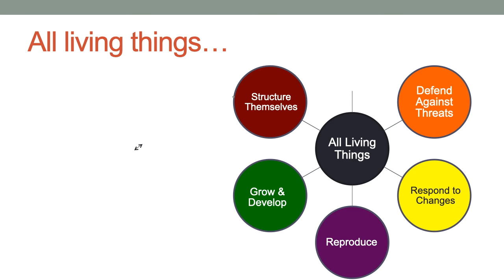Living things also defend against threats. For example, every type of cell can be infected with a virus, even bacteria. So, of course, it's not surprising that cells have methods for defending themselves against viral threats.